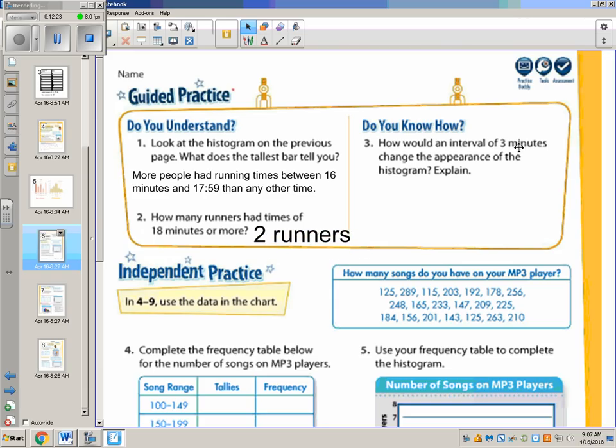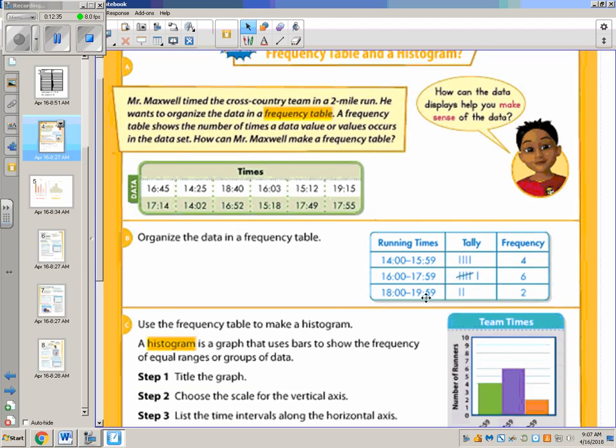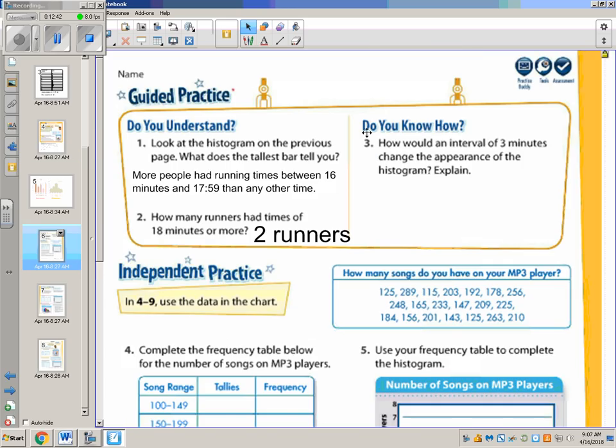Now it wants to know how would intervals of 3 minutes change the appearance of the histogram. So if I took these numbers and made them go for 3 minutes instead of 2 minutes, it's going to give me less columns. It's going to give me less bars in my graph because I'm not going to have as much data. My data is going to be spread out a little bit differently.